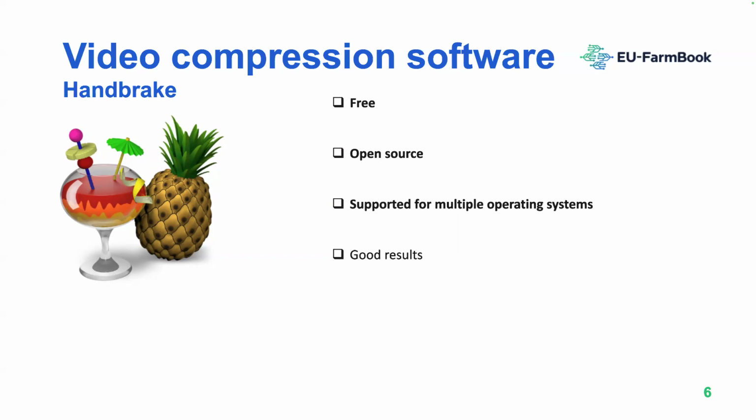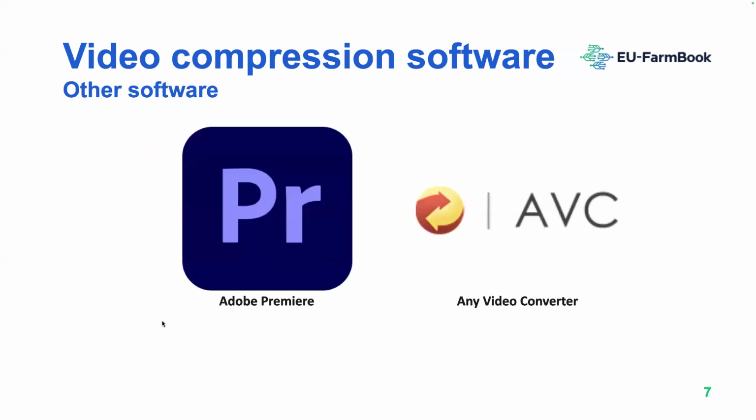Whether you're working on Mac, on Windows, or even Linux, normally Handbrake is supported on all those platforms. And another reason, which is also very important, is it does provide really good results, as I will show you afterwards.